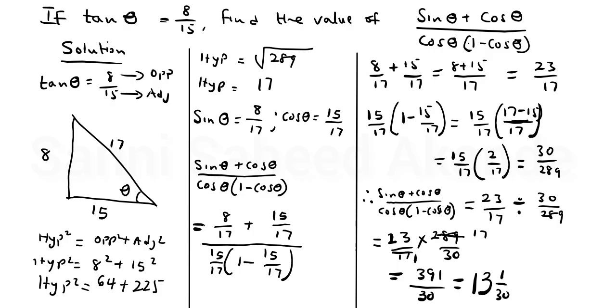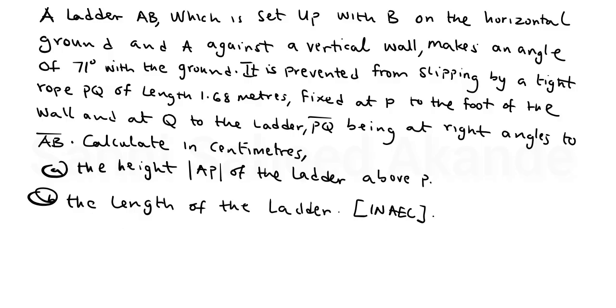Alright, so lastly, let's take a look at another question. This question is lengthy, but we are going to take it. The question says a ladder AB, which is set up with B on the horizontal ground and A against a vertical wall, makes an angle of 71 degrees with the ground.